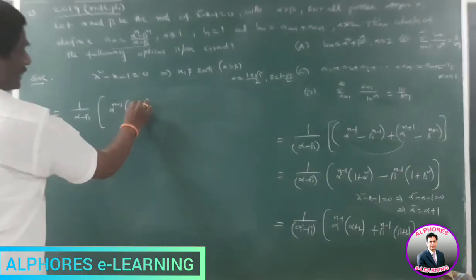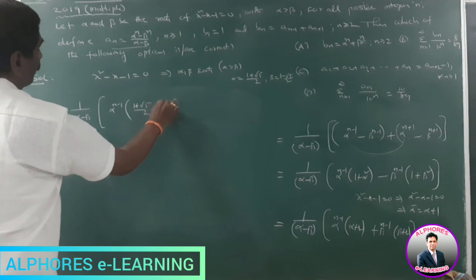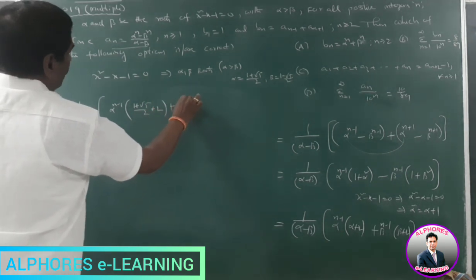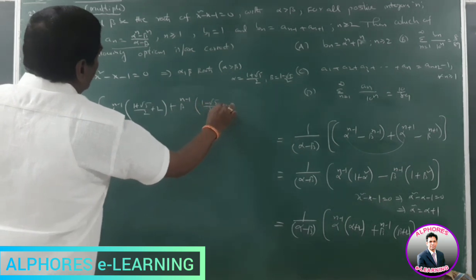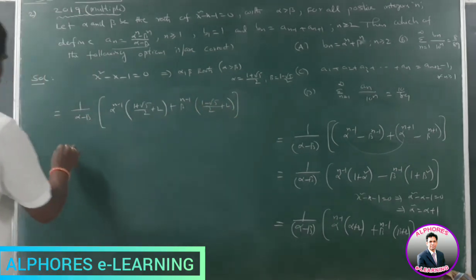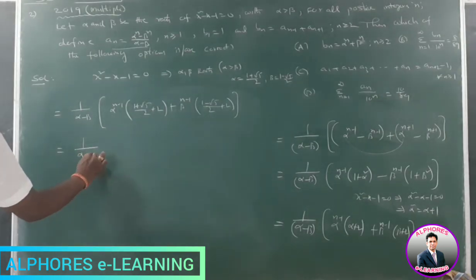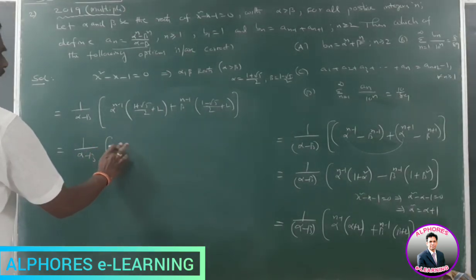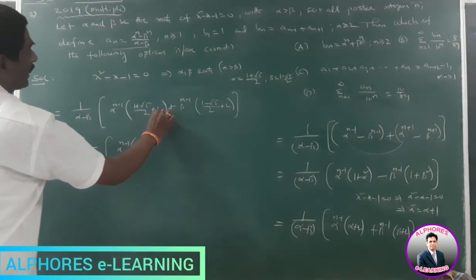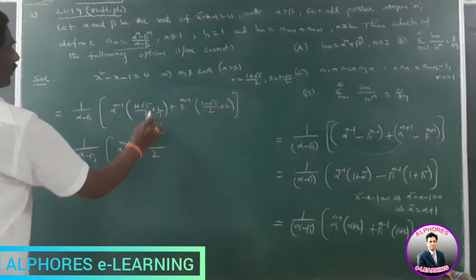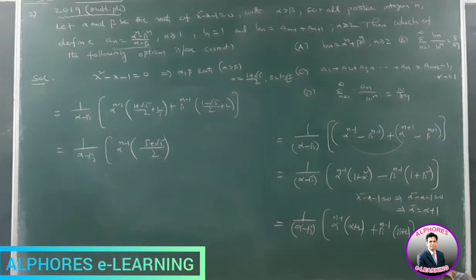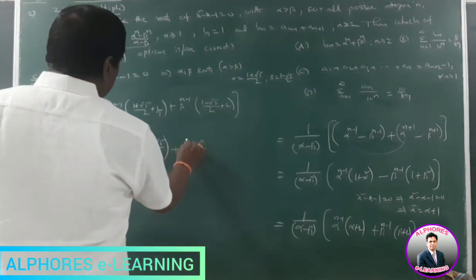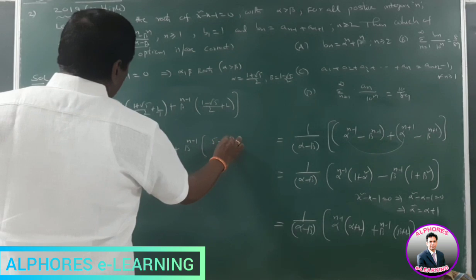Alpha means 1 plus root 5 by 2 plus 2, plus beta power n minus 1 into 1 minus root 5 by 2 plus 2. That means 1 by alpha minus beta into alpha power n minus 1 into, here 2 is the LCM, 2 twos are 4, 5 plus root 5 by 2, plus beta power n minus 1 into 5 minus root 5 by 2.